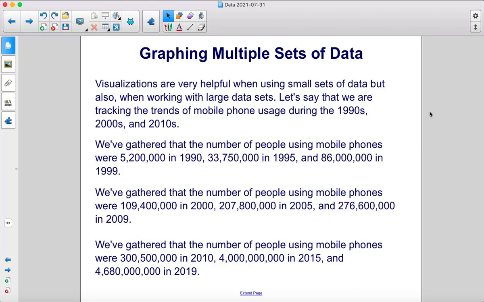In 2000 it was 109,400,000, 207,800,000 in 2005, and 276,600,000 in 2009. Then 300,500,000 in 2010, 4 billion in 2015, and 4,680,000,000 in 2019.